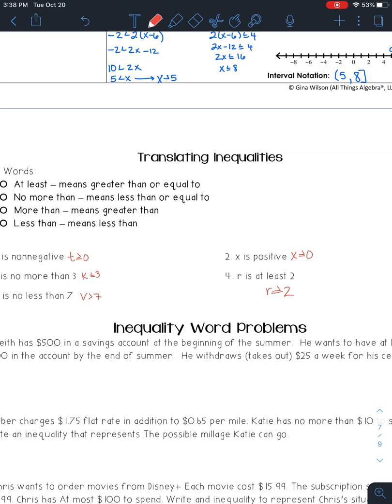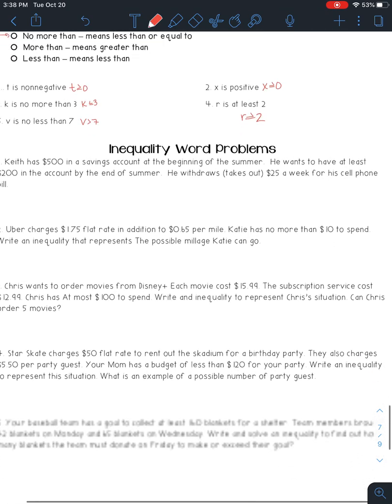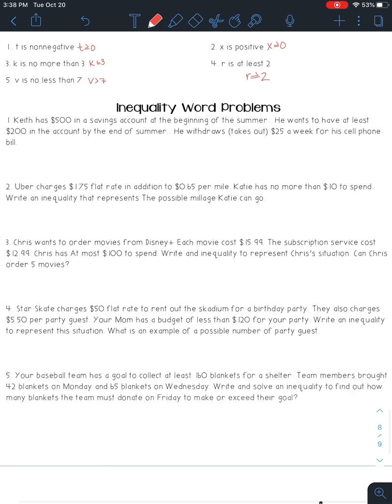All right. Let's go do some word problems here. Keith has $500 in his savings account at the beginning of the summer. He wanted to have at least, there's a key word there, $200 in the account by the end of the summer.